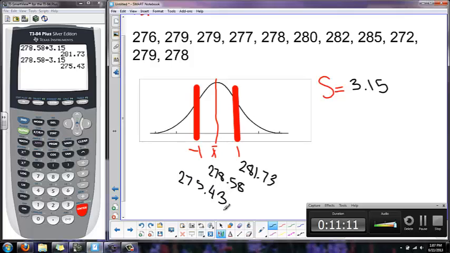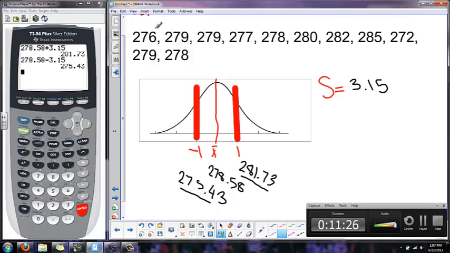So my goal now is to take a look at these numbers. That's the negative one and this is the positive one, and figure out which of these scores up here fall between those two numbers, that range.